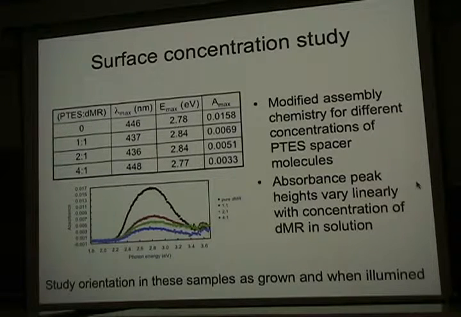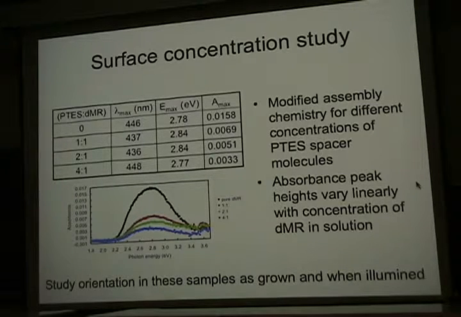So the experimental program was to sort of study these layers with that sort of model in mind, and to then, as an experimental variable, try to vary the surface coverage of the DMR monolayers. So you start with a fully covered layer, essentially, or what's most likely a fully covered layer.